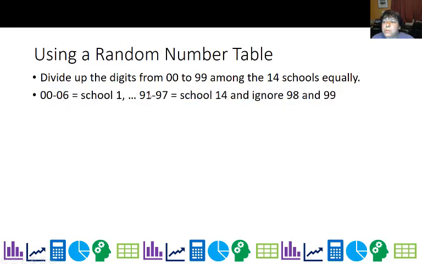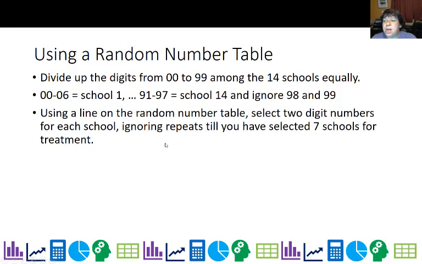And I'm going to go in groups of 7 all the way until I get to school 14, which will be getting up to 97. And ignore 98 and 99 because I don't want any school to have a more than equal chance than the others. I'm going to use a line on the random number table, select 2-digit numbers for each school, ignoring repeats till you have selected 7 unique schools for the treatment.